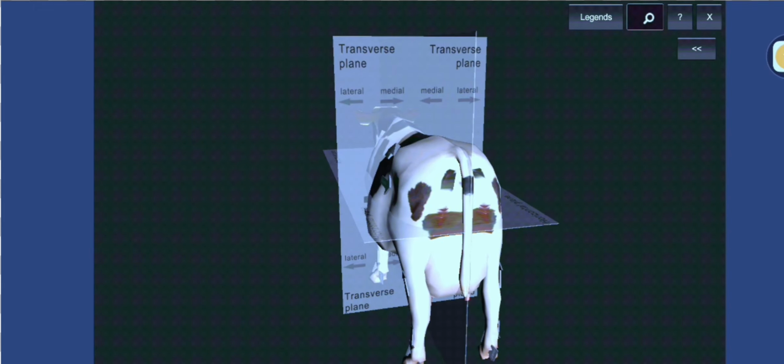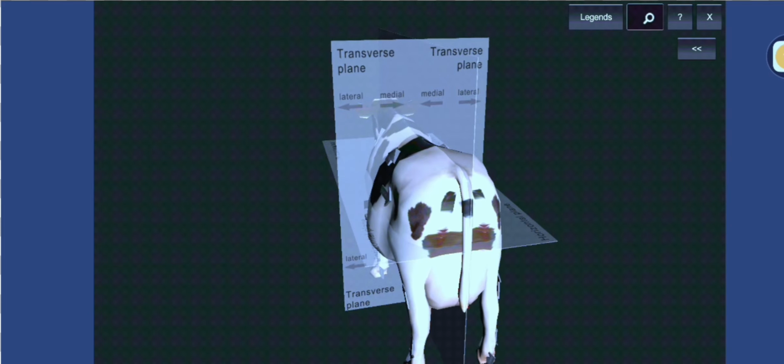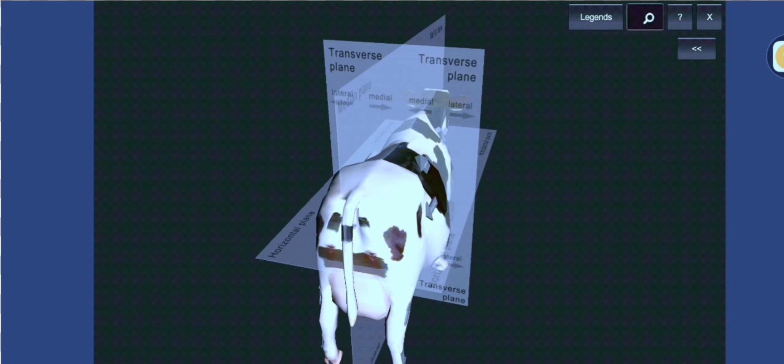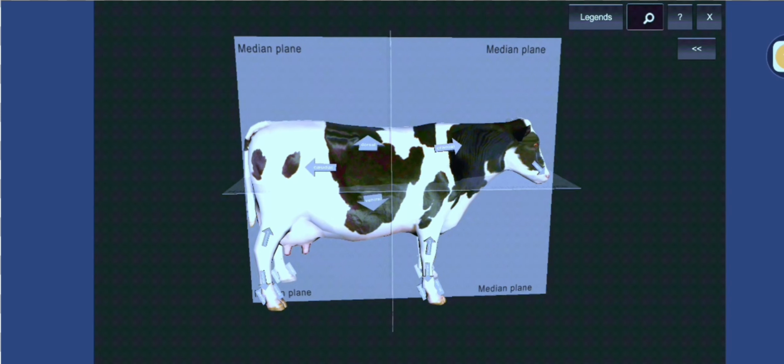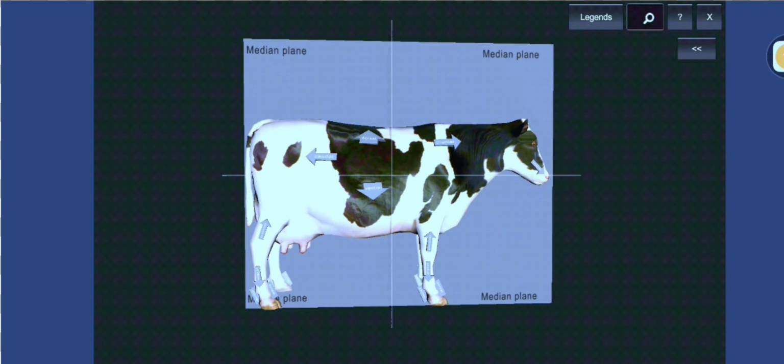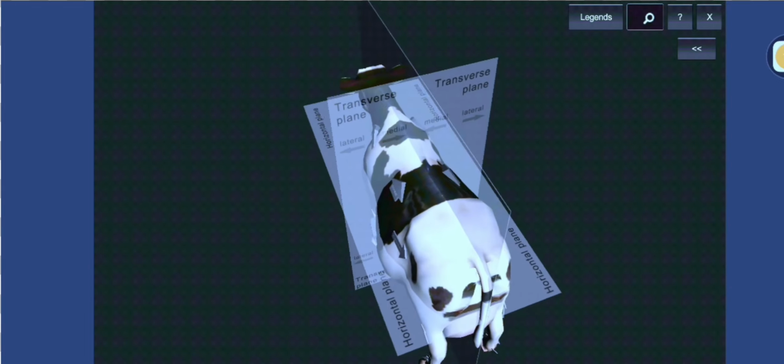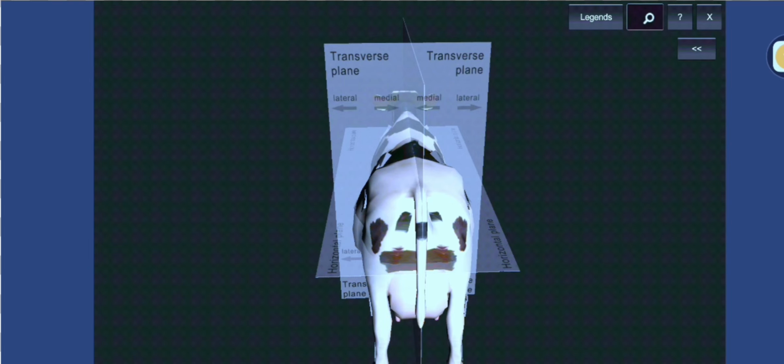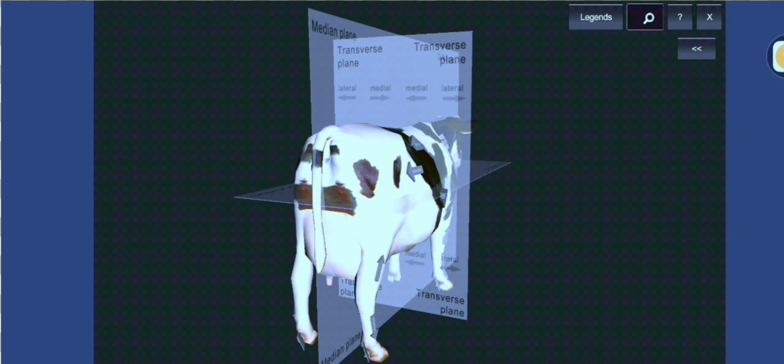The transverse plane, as I told you previously, is perpendicular to both the horizontal plane and the medial plane. You can see this when you look at transverse section pictures. In the transverse plane, we are going to have two things, which are near and away.